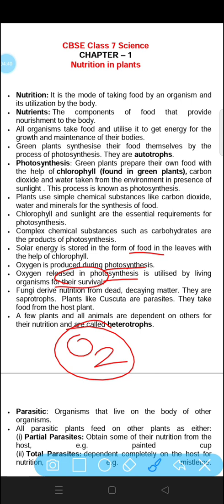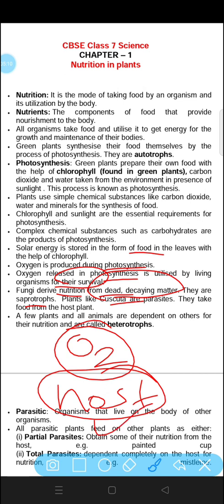Now, next is fungi derive nutrition from dead decaying matter. So fungi are organisms that take their nutrition from dead and decaying matter. They are called saprophytic. Dead and decaying matter is used as food by the fungi. They are called saprotrophs. Plants like cuscuta are parasites. Parasites are those that live on a host and get nutrition from the host.